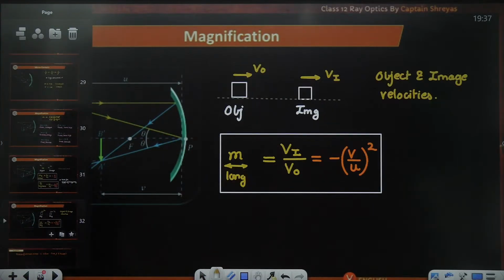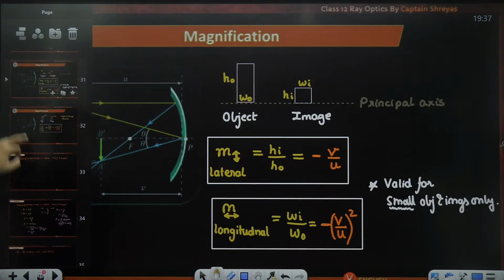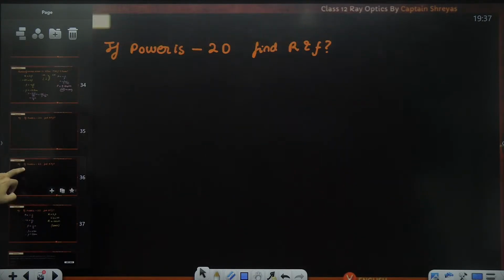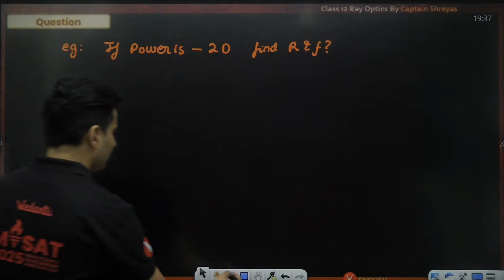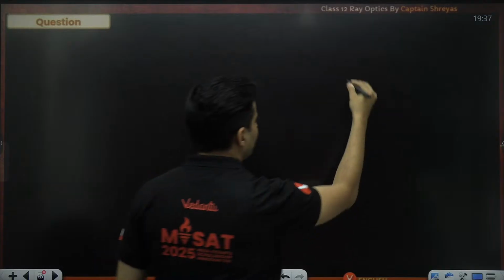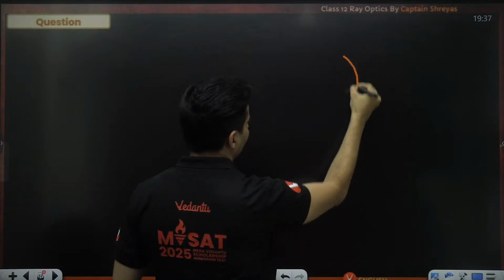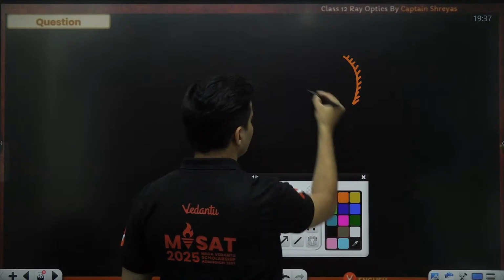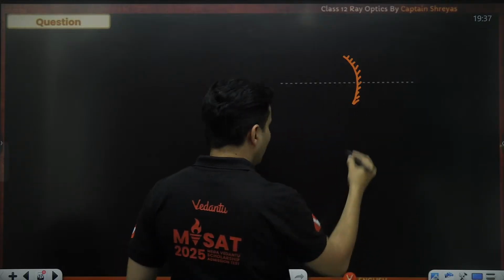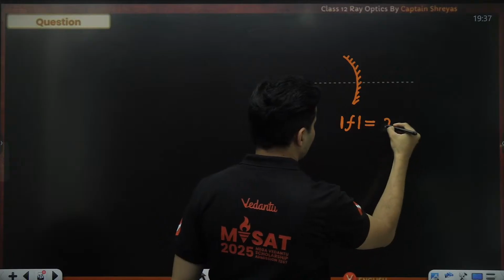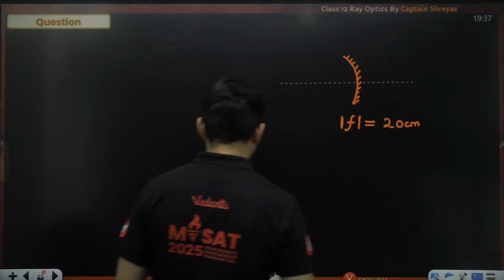Okay. So magnification done. Let's probably do some questions on this. Let's say there is a concave mirror, and the focal length is, for example, 20 centimeters.